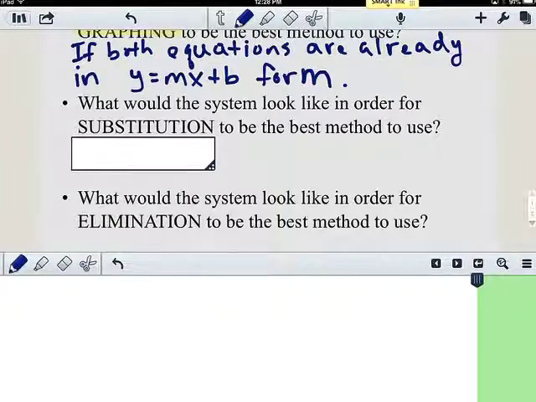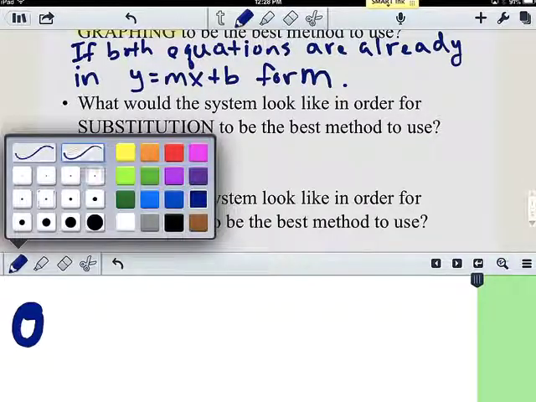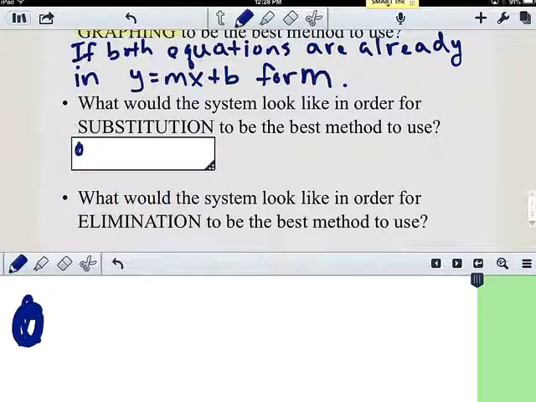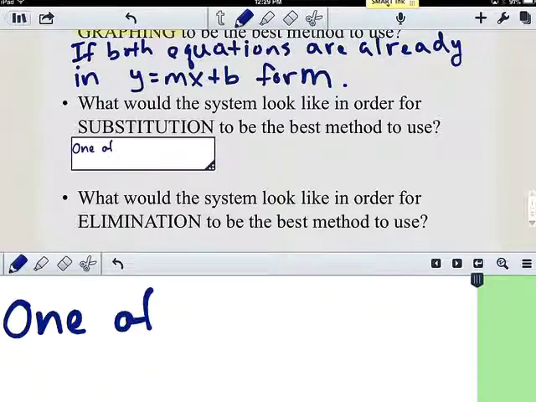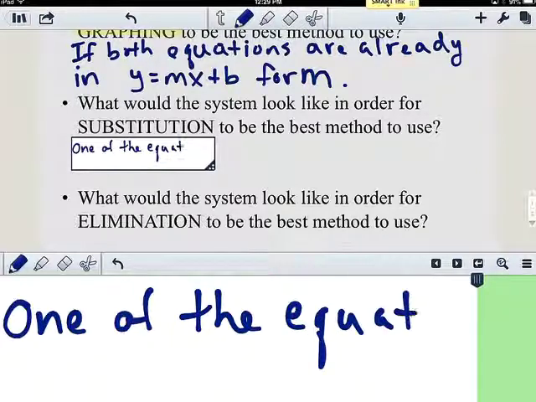Okay, so now for substitution. Remember, substitution is easiest if one of the equations is already in y equals or x equals form. So let's write that. Sorry about the handwriting, guys.